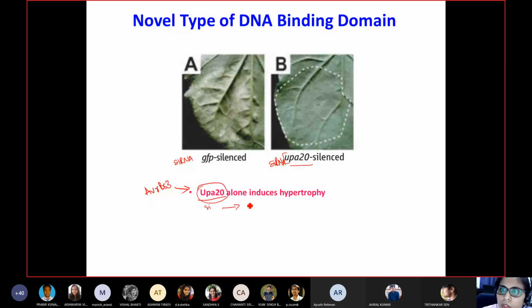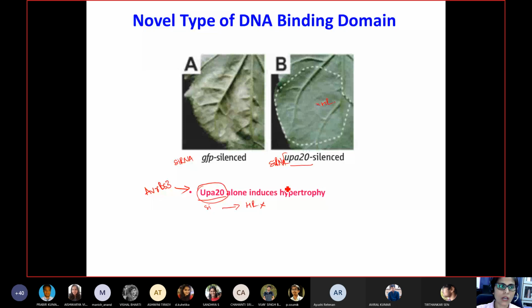This is blocked. This is the same experiment showing siRNA against GFP causes a hypersensitive response when you are injecting UPA20, and if you are silencing it, it does not give the hypersensitive response. So this was the first indication that UPA20 is a direct target of the AVR gene.